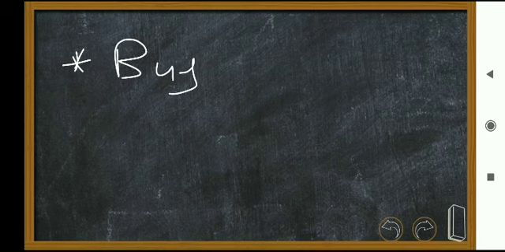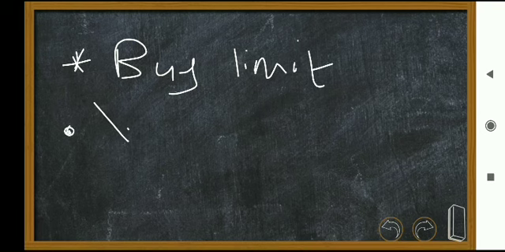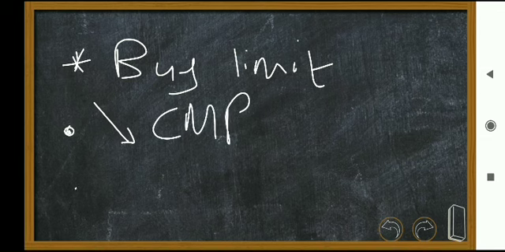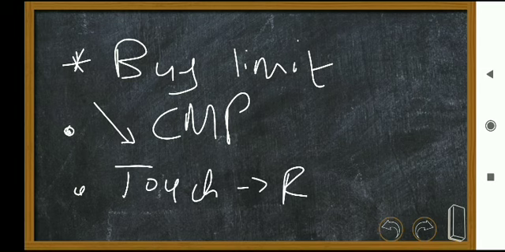Then we come to the limits. We have the buy limit, whereby we said it's set below the current market price. Price has to touch and reverse.